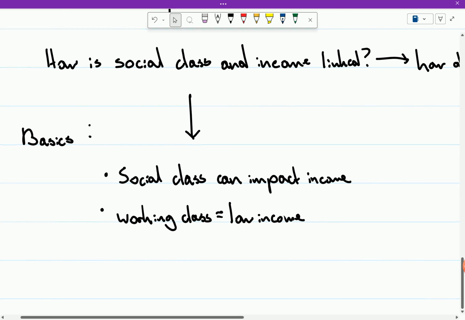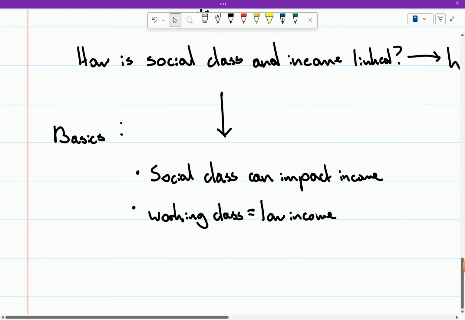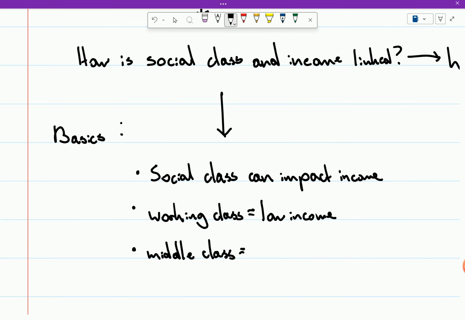And then conversely, you could say that middle class equals more income. This isn't really demonstrating any particular sociological knowledge, but we're setting a foundation.